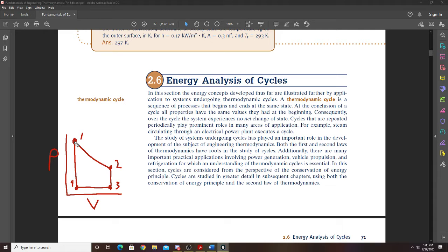A good example of this is your car. So your car's 4-stroke engine always ends up back at the original point, right? Now obviously it's pistons that are changing their distance, but it always ends up back at its original point. It starts by bringing in air, which is the intake.